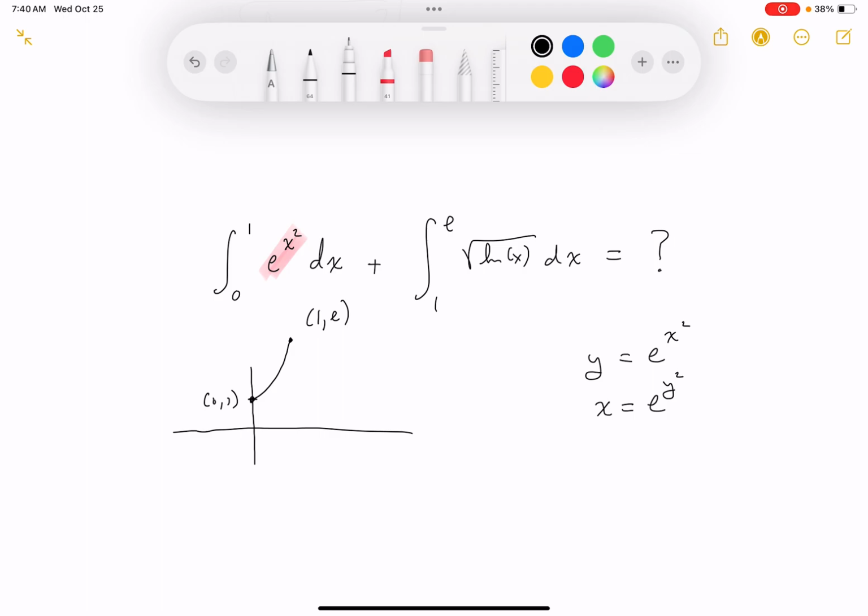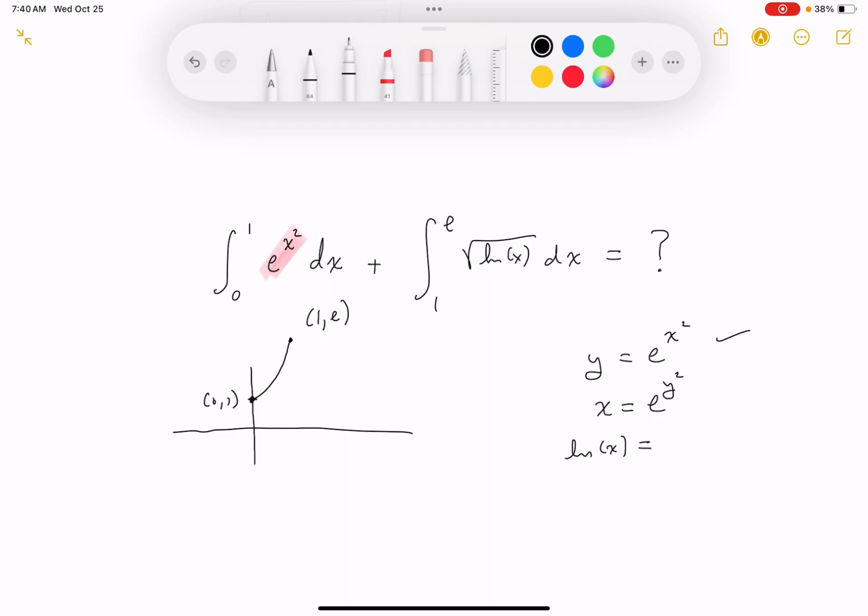You would take the natural log of both sides. The natural log of x equals, oh, by the way, I'm not claiming that's invertible everywhere, but on the region I'm looking at it's invertible. I don't need to show it's 1 to 1, because I have a graph over it and I know that graph is 1 to 1.